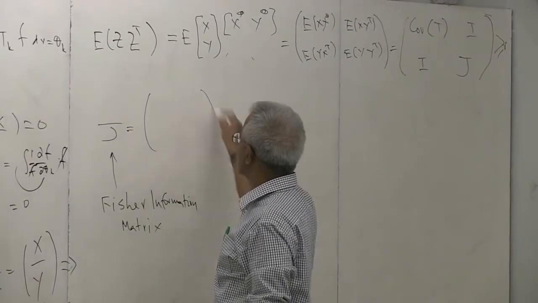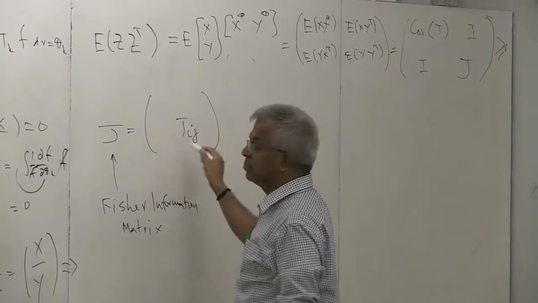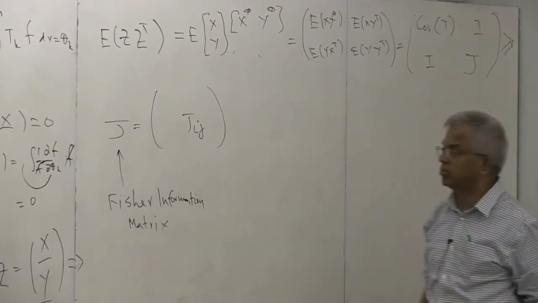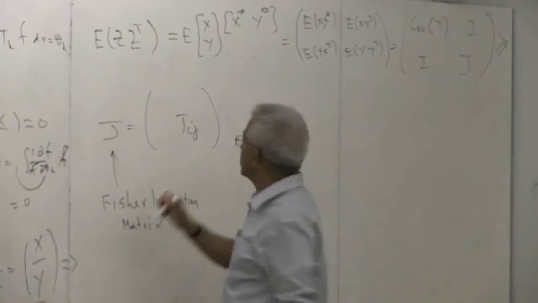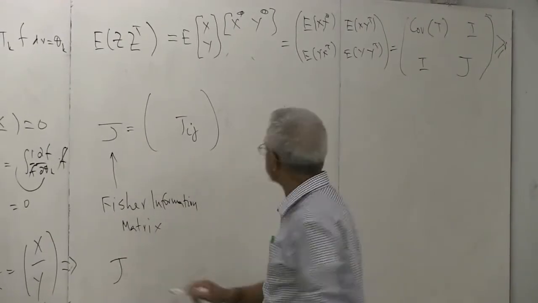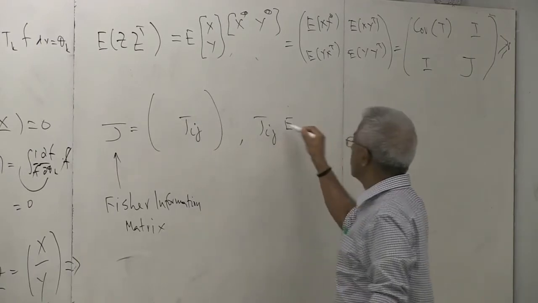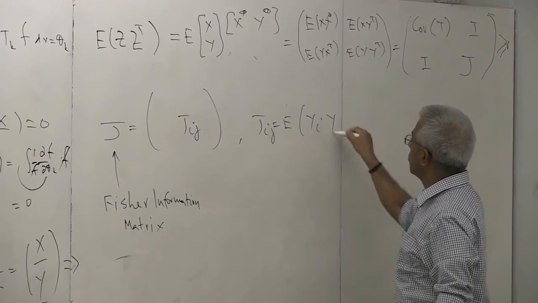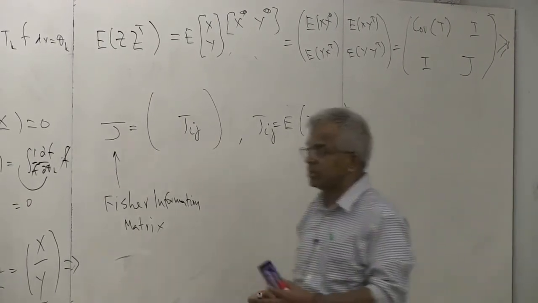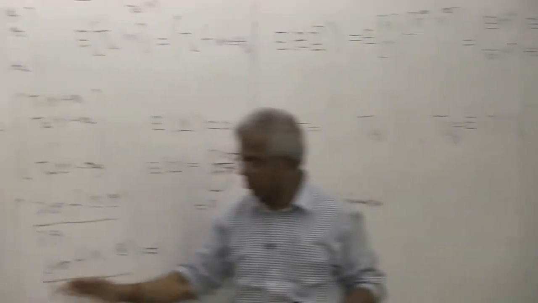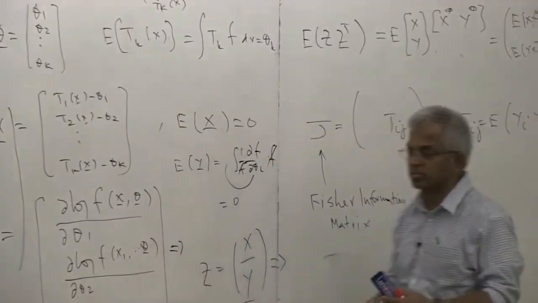But so J is of course a matrix with, let me call the ijth entry to be, remember, so what is Jij? So Jij is expected value of yi yj, right? From here, this is the Y matrix, ith row and jth column cross multiplied.